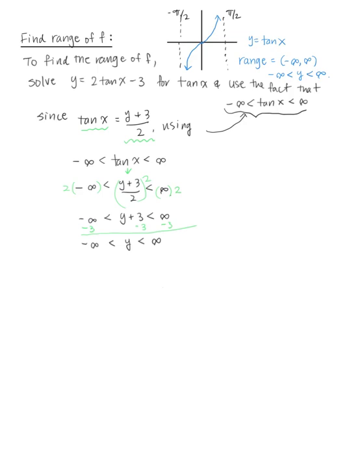So what's going to happen is that the range of our function y equals 2 tan of x minus 3 is just going to be all real numbers.